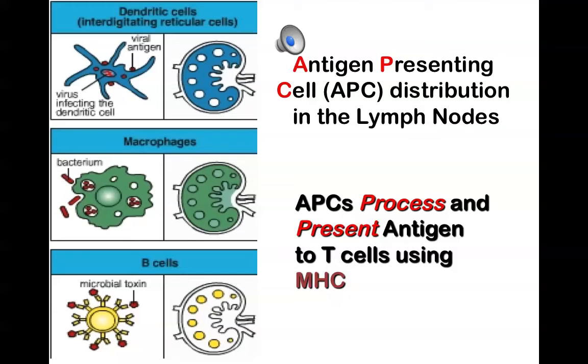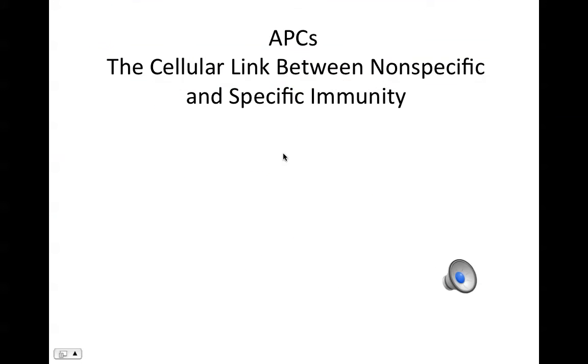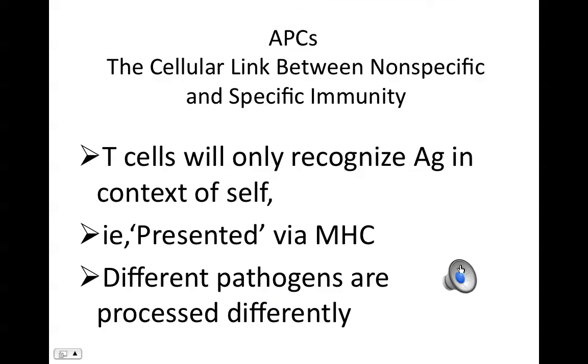The presentation is packaging bits and pieces of those items into self-markers and essentially displaying or showing the T cells what has been captured in the self-marker. APCs are the link between nonspecific and specific immunity.